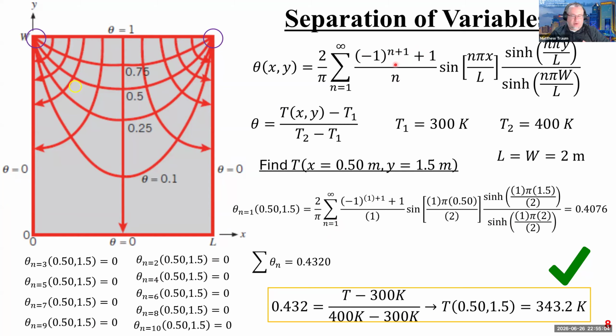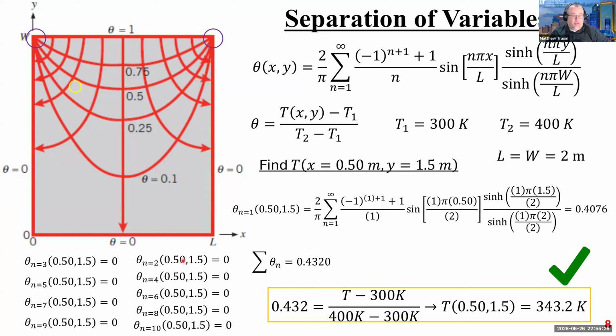So if n equals 2, 2 plus 1 is 3, which makes this negative 1 to the third power, which is negative 1. Negative 1 plus 1 is 0. This whole term sitting out in front is 0, which means the whole thing is 0 for n equals 2.